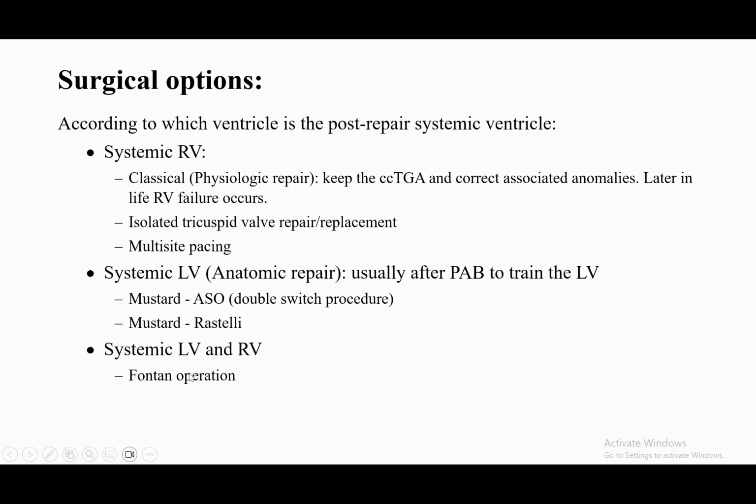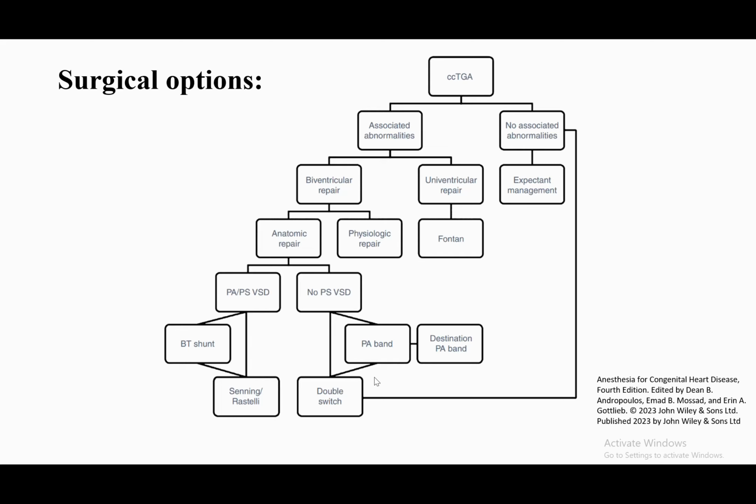Systemic LV and RV: if we go through the path of the single ventricle, we do a Fontan procedure. So this is again the diagram that was shown before in the first lecture. This is the ccTGA.